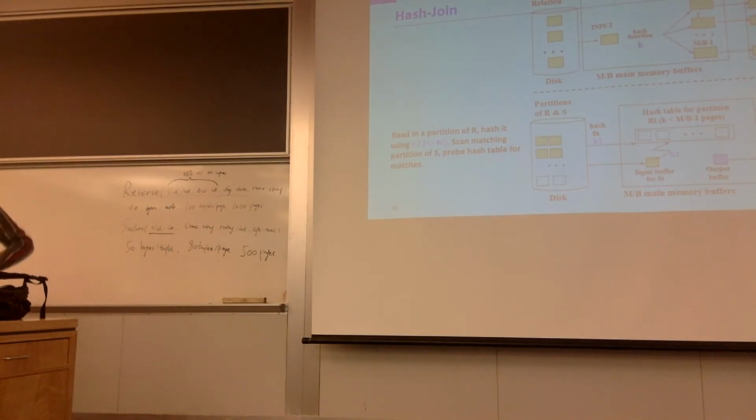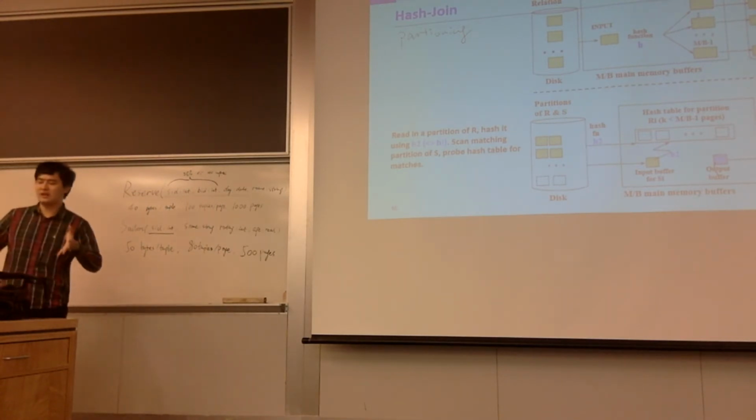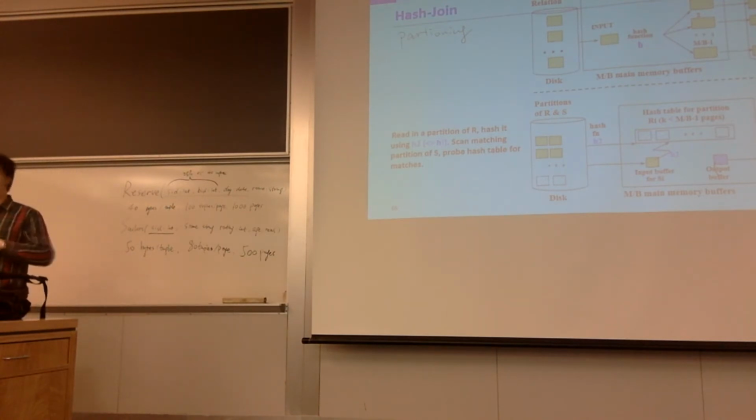So for example, the first pass here is called the partitioning phase. For the partitioning phase, you apply the same thing we did in hash distinct or hash group. You bring in the whole relation and partition it into m over b minus 1 on-disk hash partitions, each of them with the corresponding hash value.